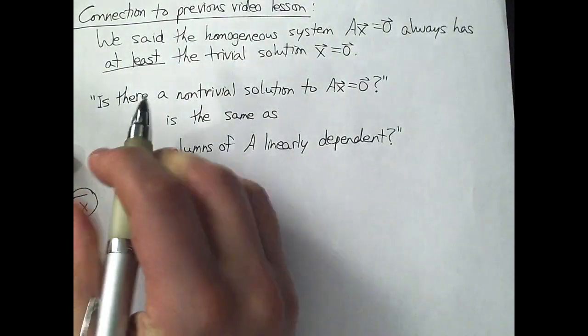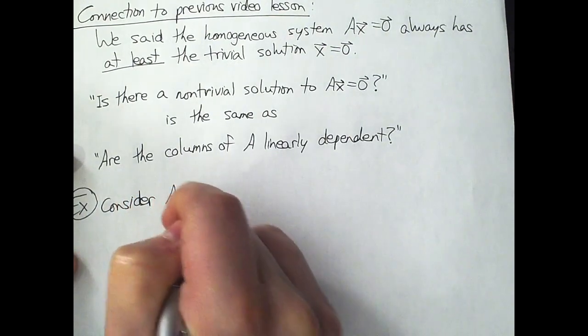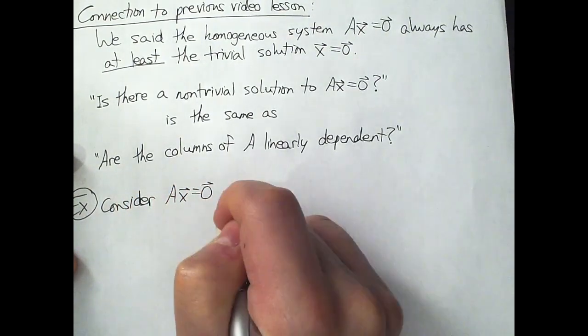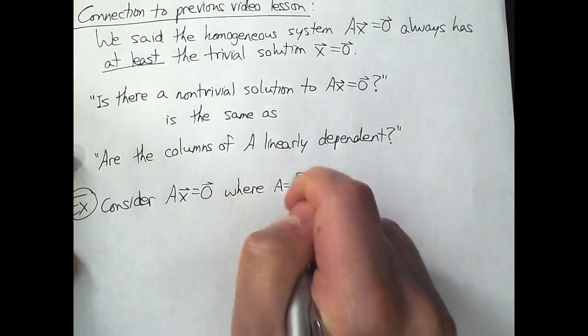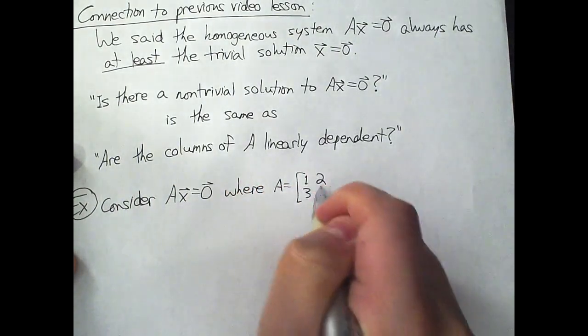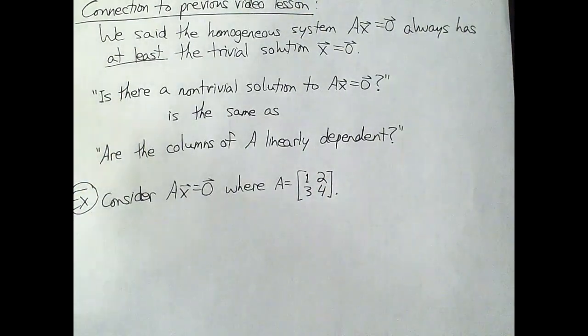Let's do a 2x2 example. So consider AX equals 0 vector where A is 1, 2, 3, 4, the 2x2 matrix. So I'll walk us through this. Let's see what happens when we try to work with this system.